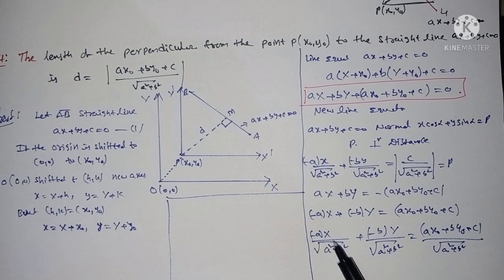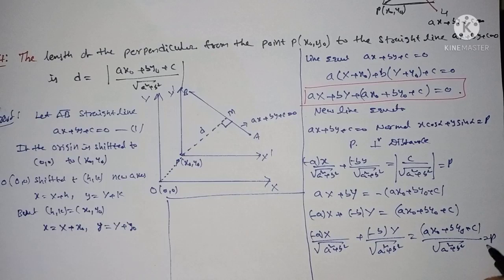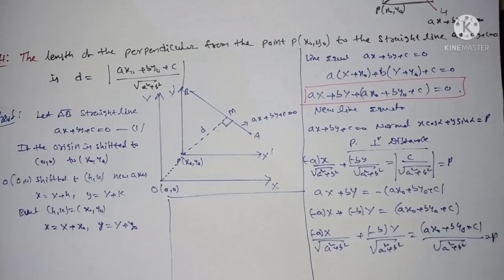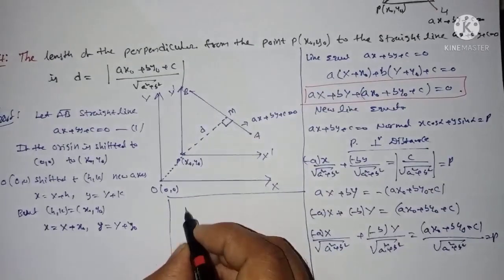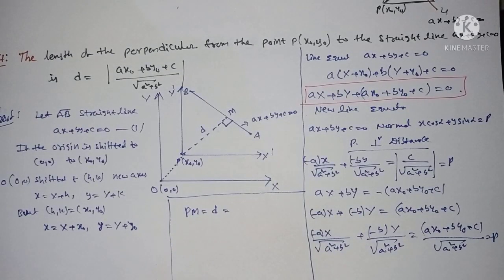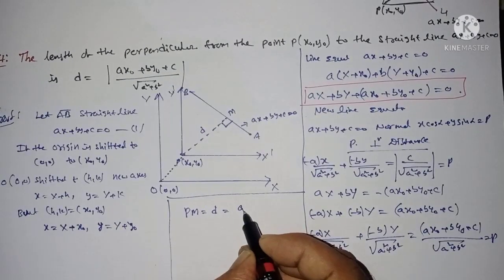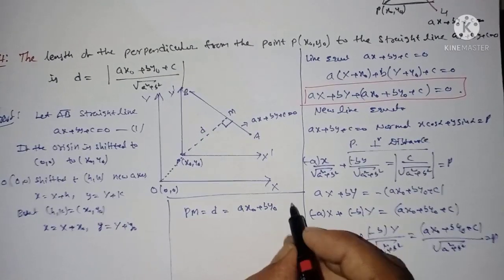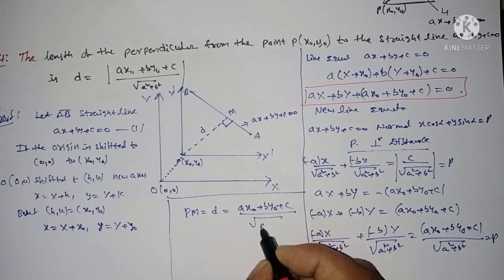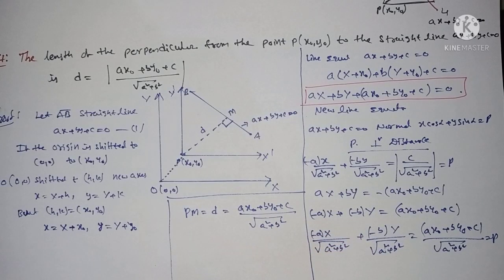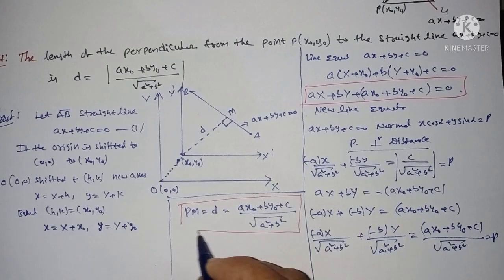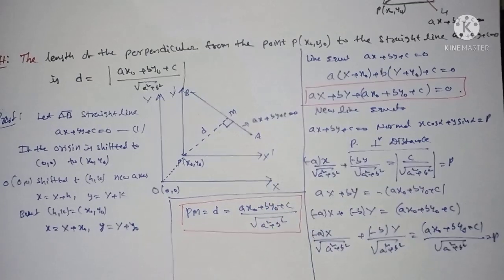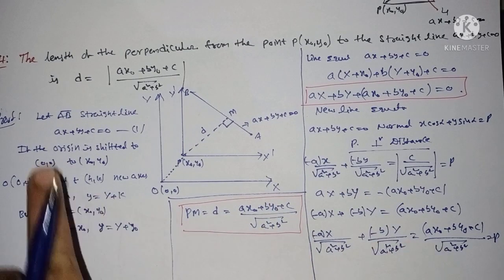What you got here: minus ax by under root of a square plus b square minus by by under root of a square plus b square, equal to (ax naught plus by naught plus c) by under root of a square plus b square is nothing but equal to p. P is the perpendicular distance. Therefore, d is equal to mod of (ax naught plus by naught plus c) by under root of a square plus b square. This is called the perpendicular distance to the given line. Clear? This is the method of the theorem.